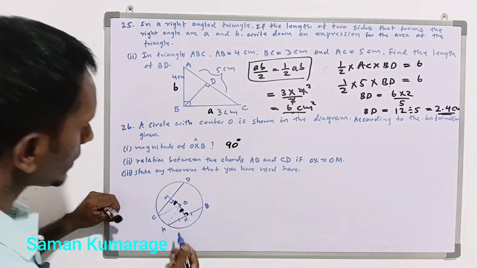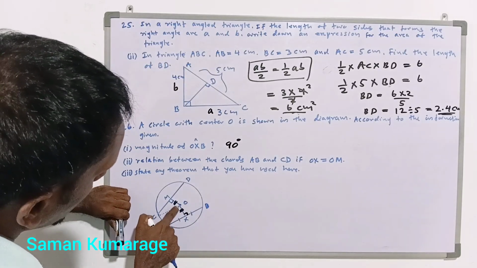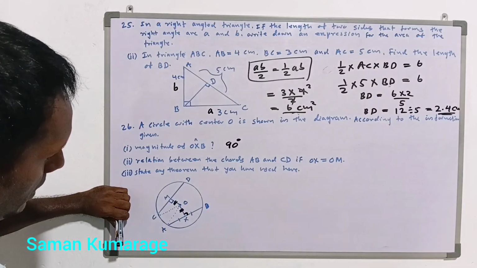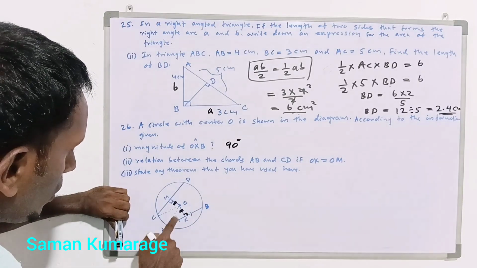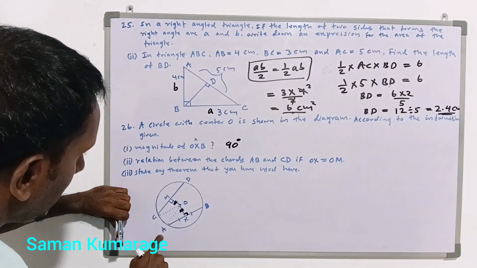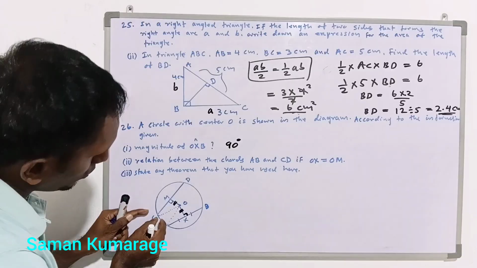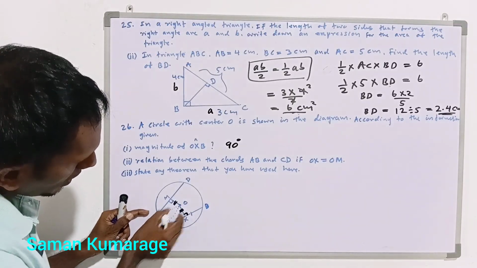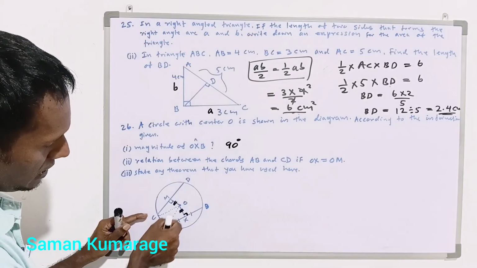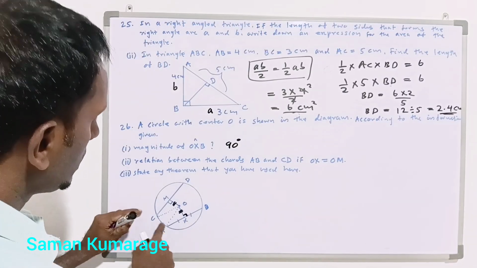Here it is already given that OX and OM are equal in length, and also CO and AO are the radii. So these two radii are also equal in length because those are the radii of the same circle.